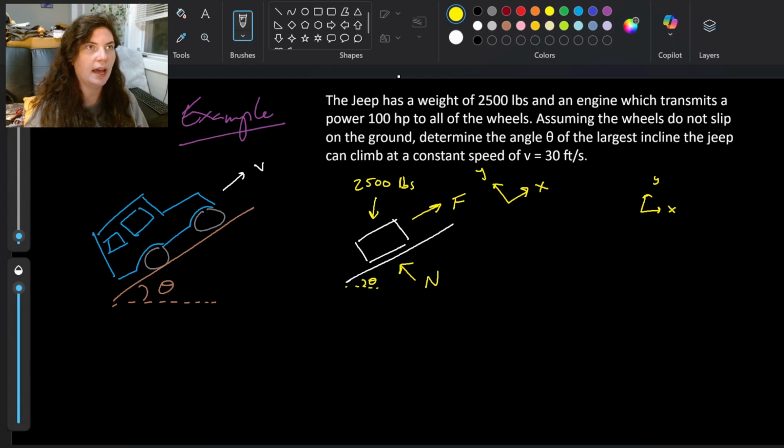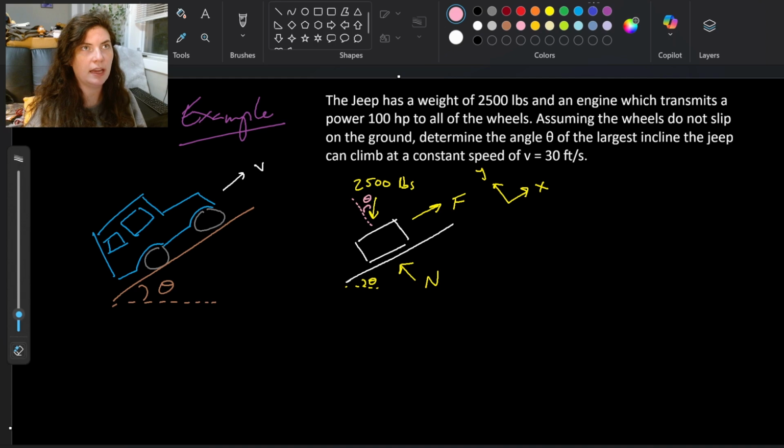When we do that, we get this little line that spurts out from the normal direction, and this angle here is the same theta. So we had rotated by theta, and that same rotation of theta occurs up here for our 2,500 pounds if we want to use this rotated axis system.